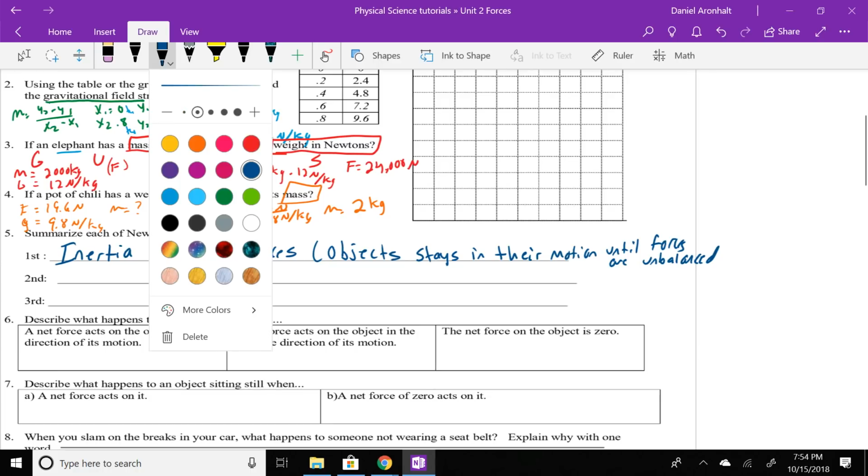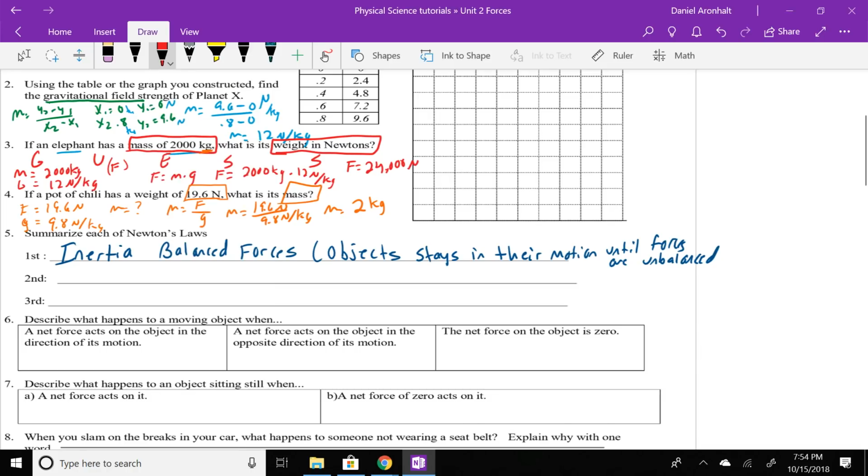So the second one, and this one's pretty simple. If the first law is objects stay in motion unless the forces are balanced, the second law is all about calculating the unbalanced forces. So the second law is force equals mass times acceleration, or acceleration equals force divided by mass.